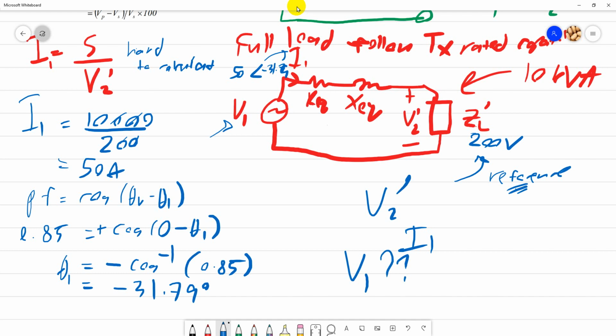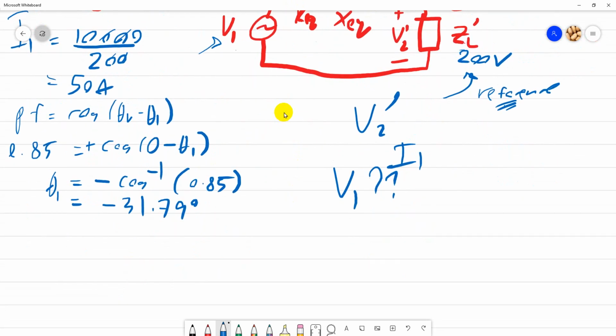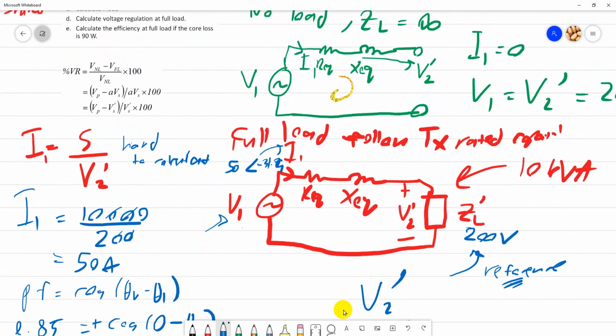So when you don't know this voltage, you have to calculate V1. As I mentioned before, when there is open loop, V1 is equal to V2 bar.